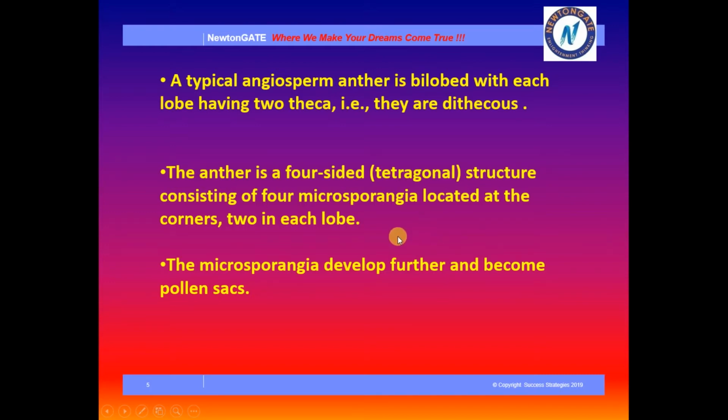Means one anther has two lobes and each lobe consists of two microsporangia, so there are four microsporangia. The microsporangia develop further and become pollen sacs.